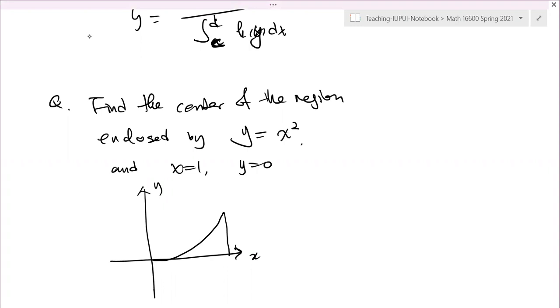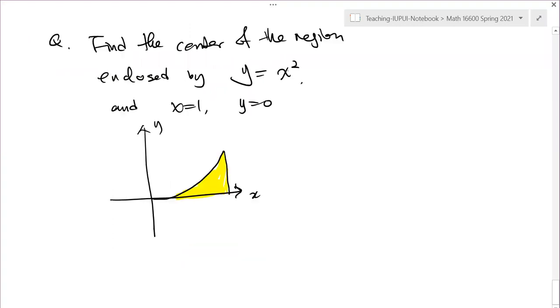Some students just cannot figure out where the region is. So I want you to find the center of that region, somewhere here, I guess. So this is the center. We assume that the region has a constant density function, otherwise it probably gets more complicated.